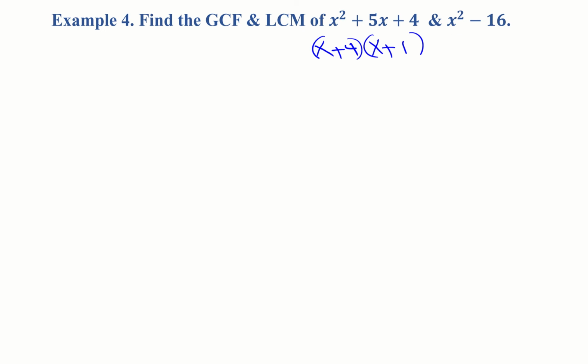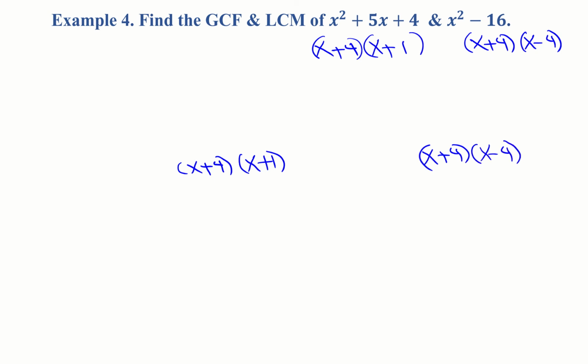Now we factor this one. We notice that one is a difference of squares, so it's just going to factor as x plus 4 times x minus 4. So now let me go ahead and put those factored forms here. X plus 4 times x plus 1 and x plus 4 times x minus 4.